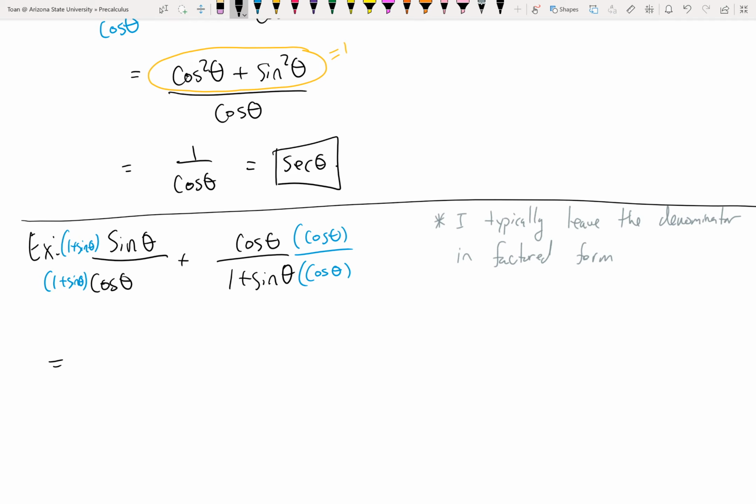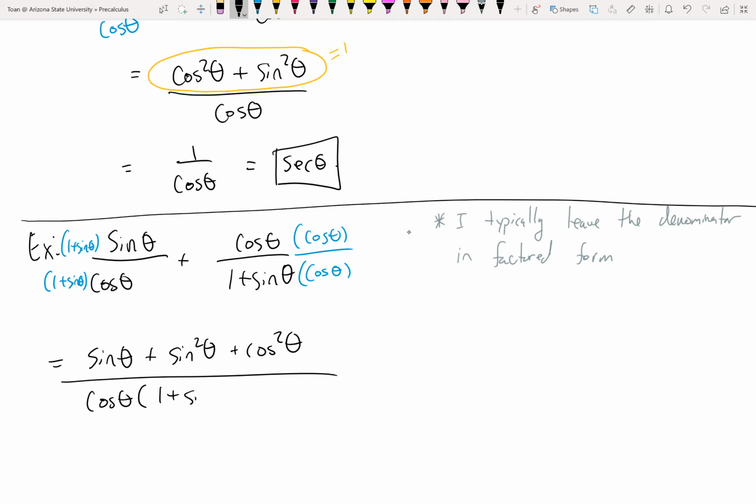But I do go ahead and multiply out the numerators. So you have sine times 1 is sine. Sine times sine is sine squared. Cosine times cosine is cosine squared. And then on the bottom, again, leave everything in factored form. Because we should see, hey, we've got squares here.